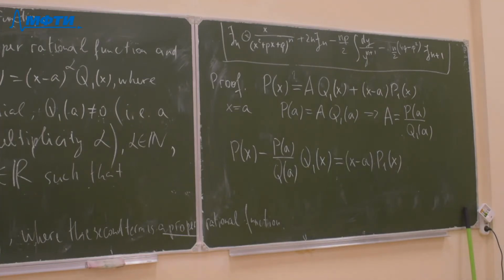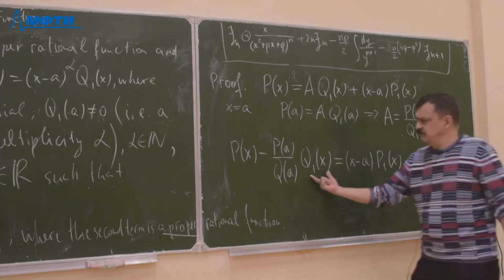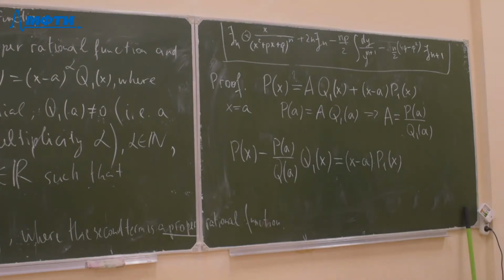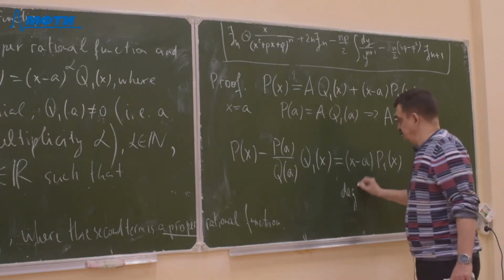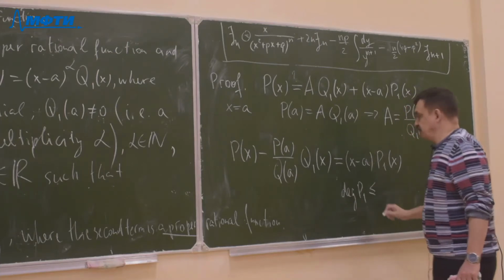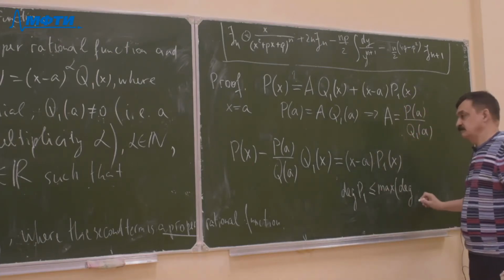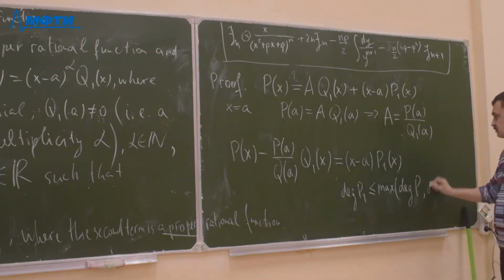No, I'm wrong, I'm sorry. Degree of P1 is less than maximum of those degrees, minus 1, right? That is what I can assert for sure. And so degree of P1 is less or equal than maximum of degrees of P and degree of Q1.